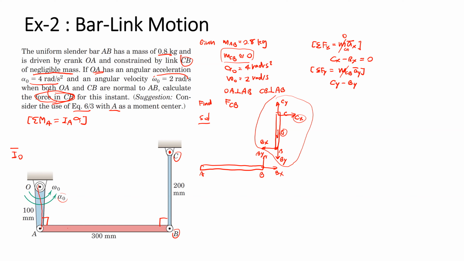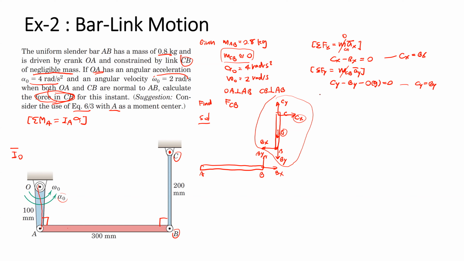We have mg also, but mass is 0. So from the first equation, Cx equal to Bx. From the second equation, we have Cy equal to By.